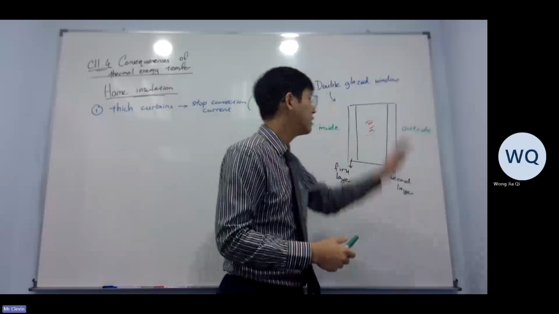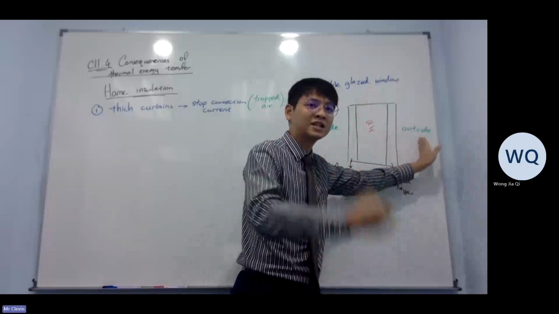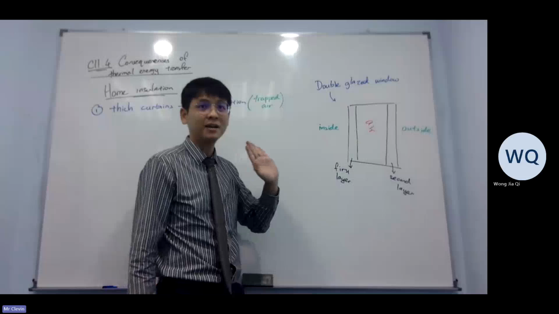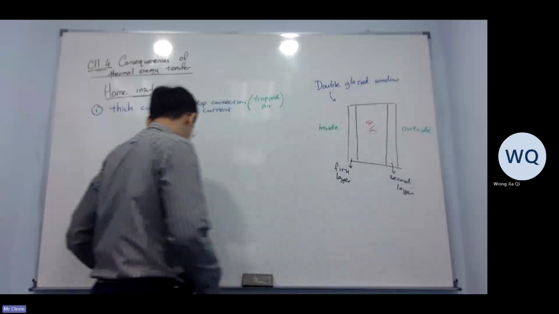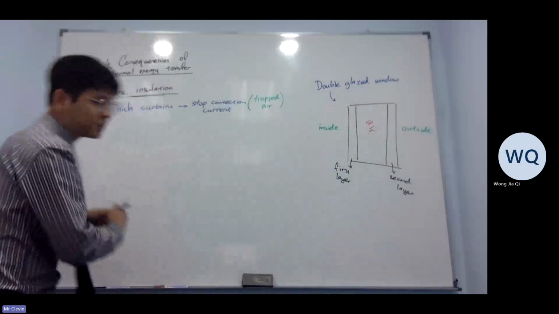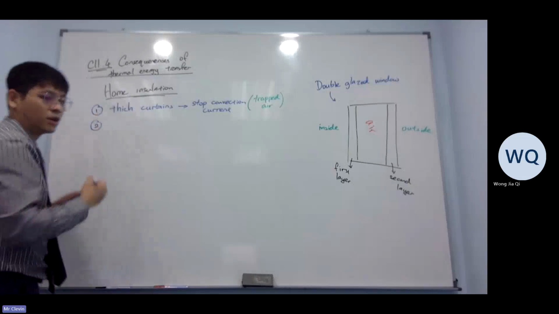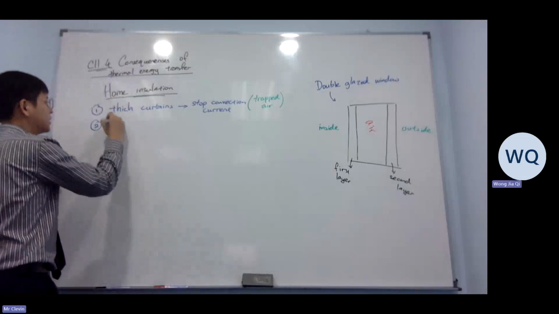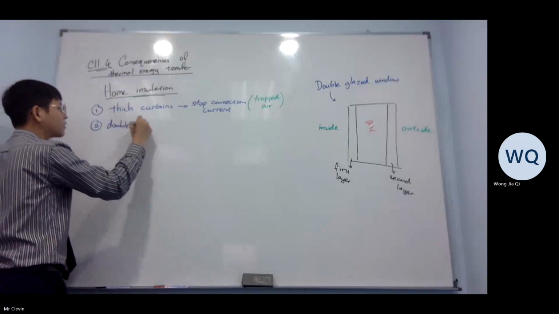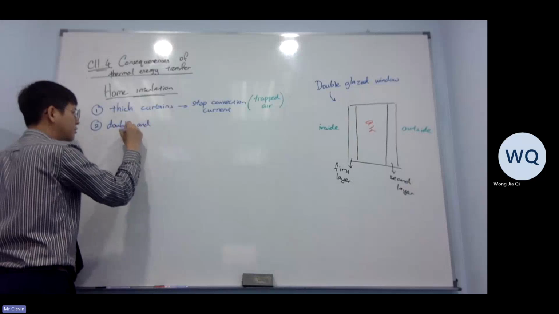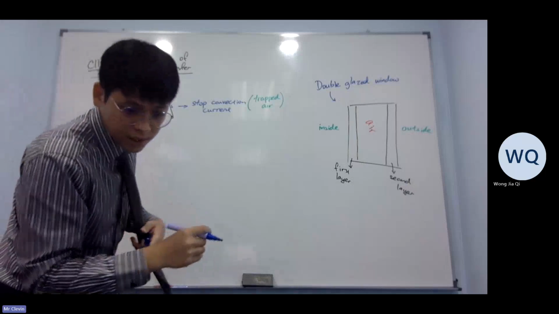When it is less, the heat from outside does not easily go inside. That is what we call double glazed windows, which is the second component you need to know in your home insulation. We can use double, and sometimes even triple glazing.